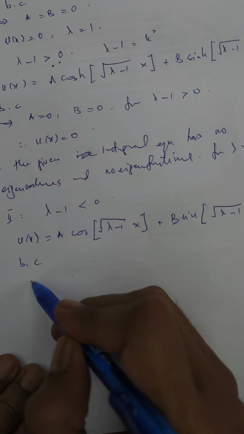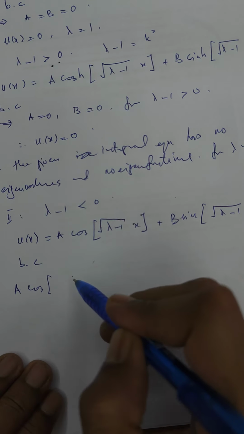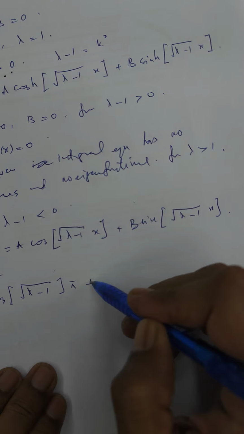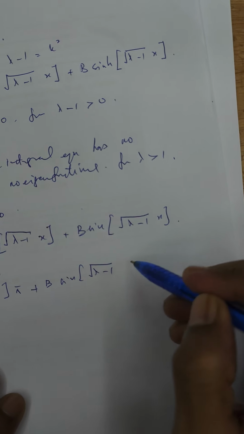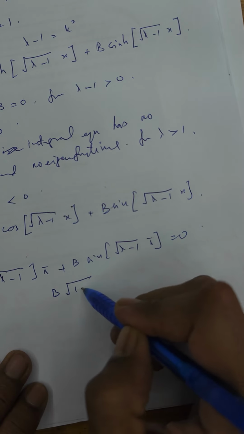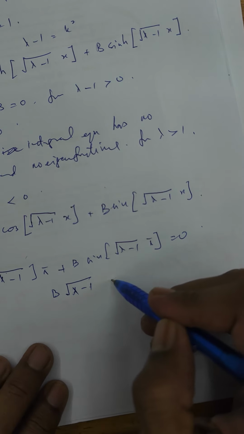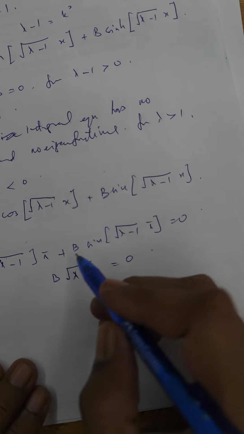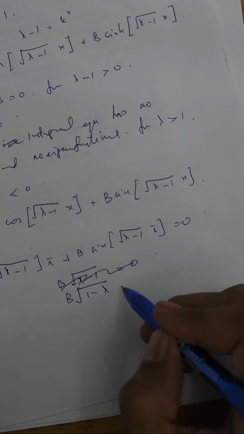We get a cos(square root of 1 minus lambda pi) plus b sine(square root of 1 minus lambda pi) equal to 0, and b(1 minus lambda) equal to 0. You get two equations here.